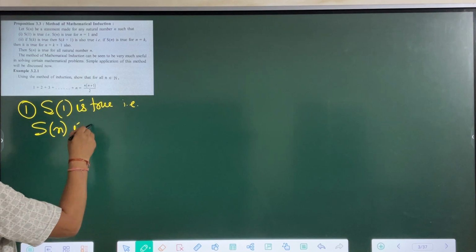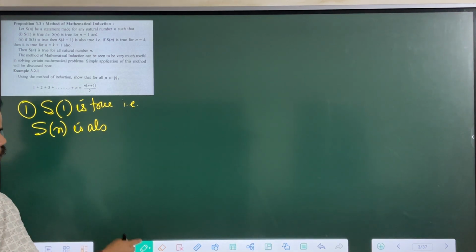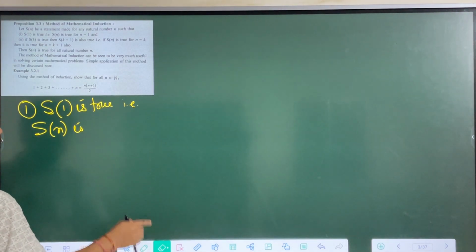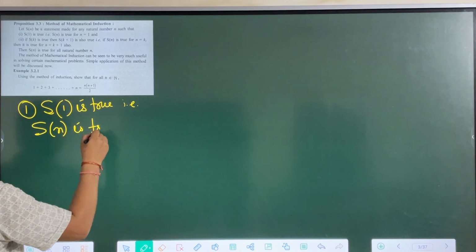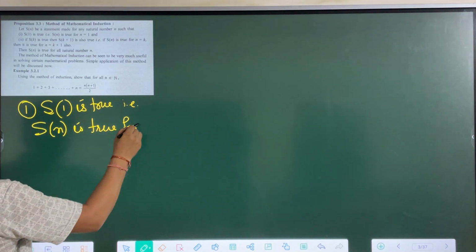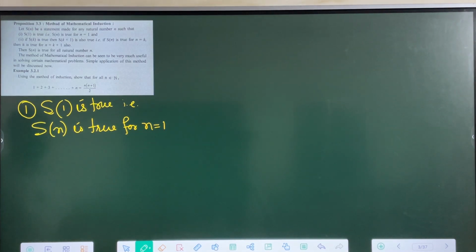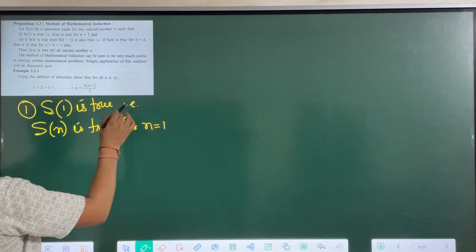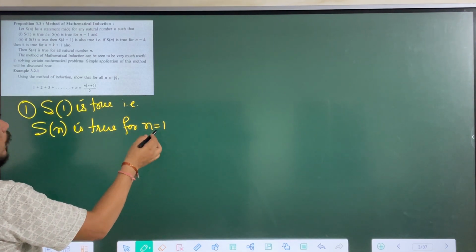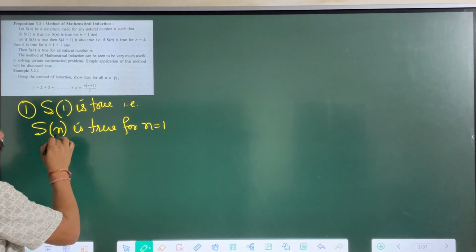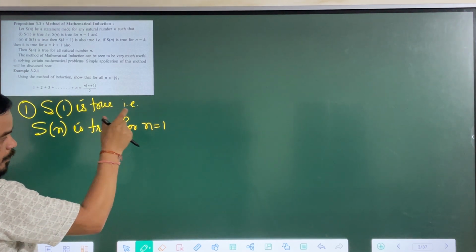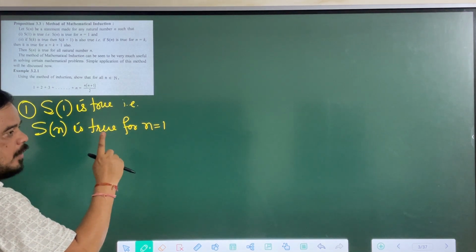Sn means the number of terms. n equals to 1 means first term, one term.